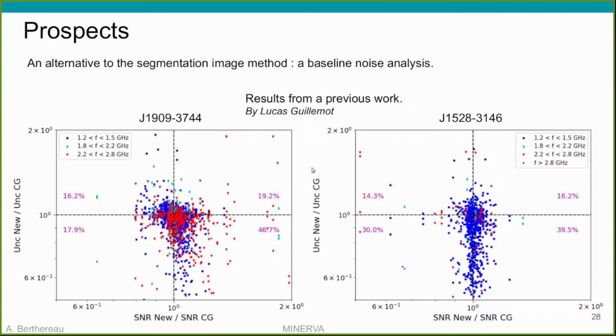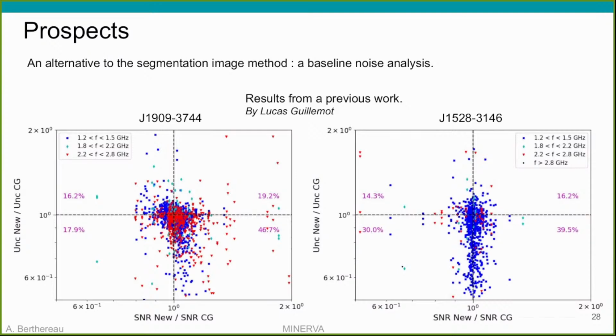And as you can see here, the results are great because there's more print on the bottom right of the plot. That means that the method is doing better than Coastguard. Almost 50% for 1909 and 40% for the other pulsar. And most of the points are in the center. So this method seems to be a great improvement.